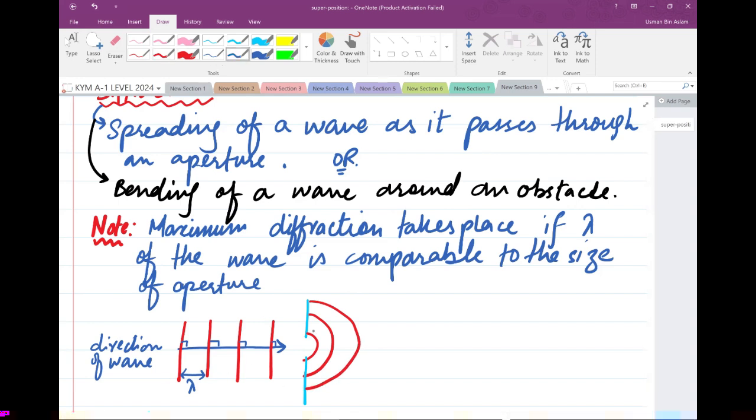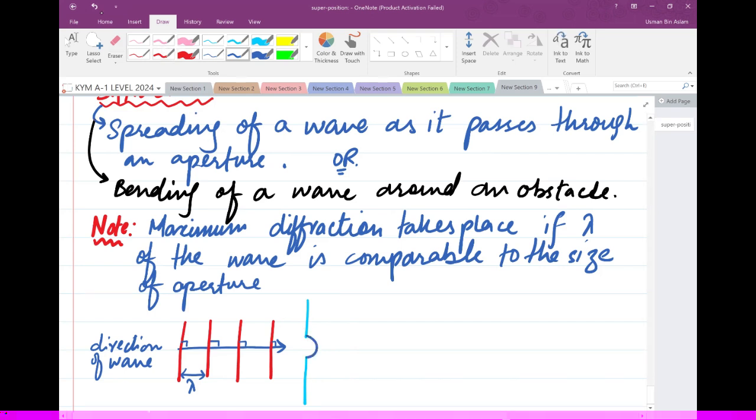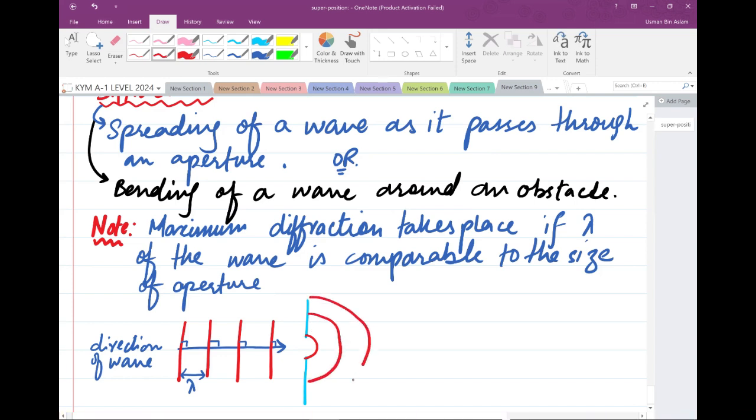The gap between these wavefronts is supposed to remain the same. So I just realized my mistake that I drew them a little closer. So I'm going to redraw them. The gap between them should remain the same. See, if this was 2 centimeter, then these should also have a gap of 2 centimeter.